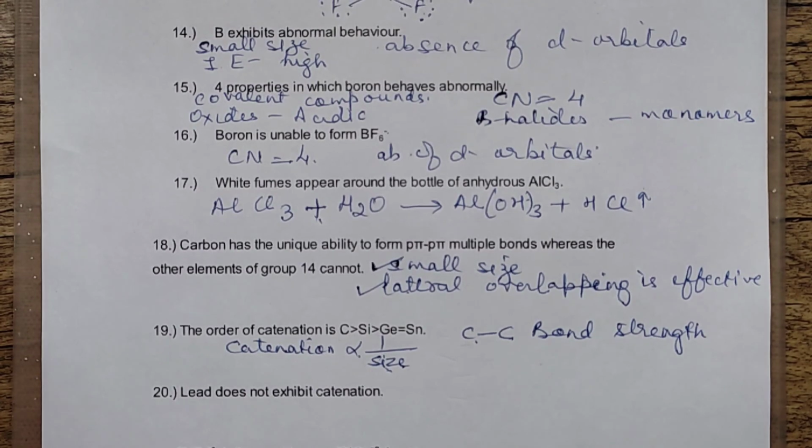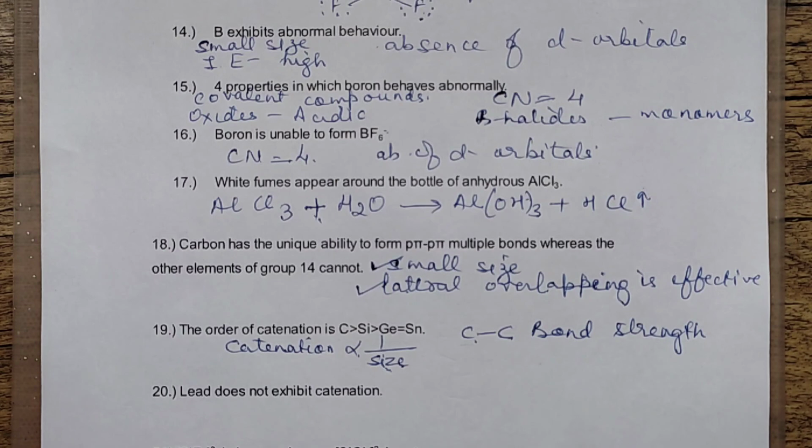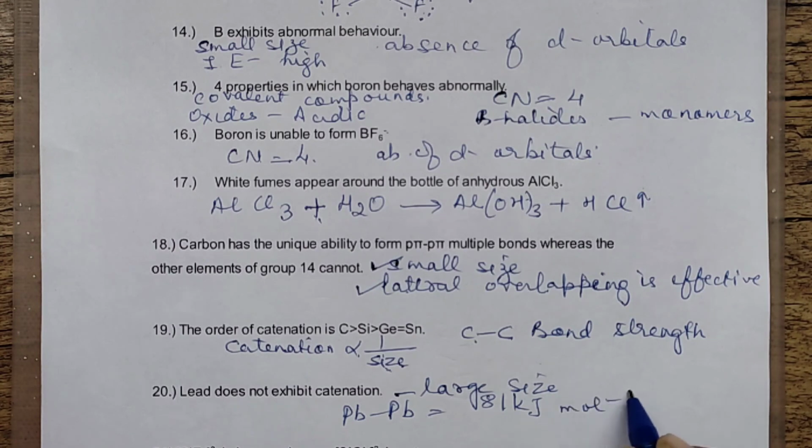Lead does not exhibit catenation because of large size. Moreover, it is a metal. In metals, there is no catenation. In fact, it is seen that lead bond strength is the least, that is 81 kilojoules per mole, whereas in all others it is in the 200, 300 range.